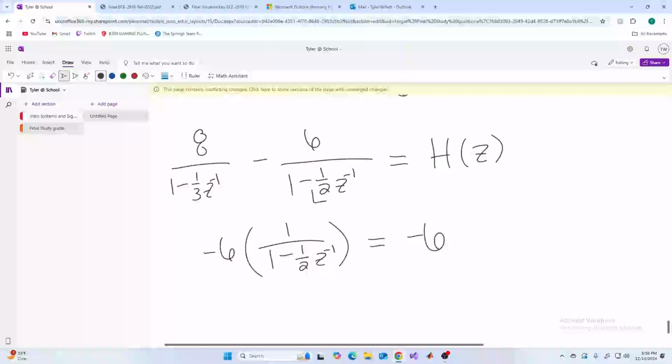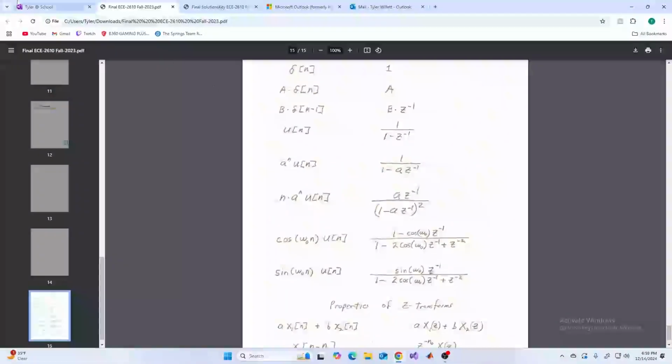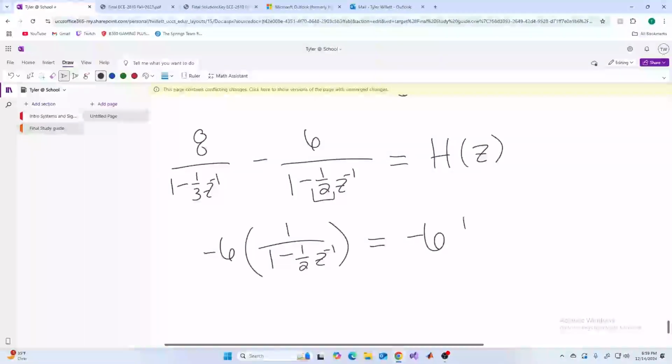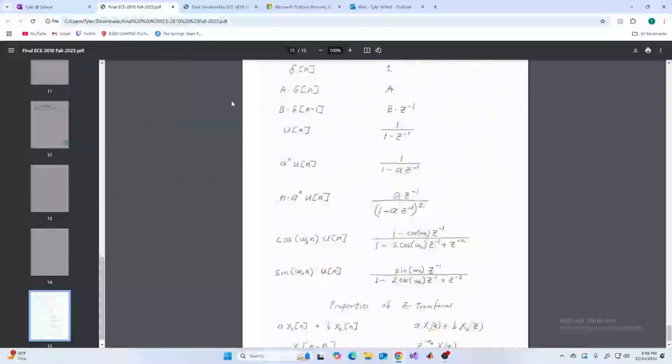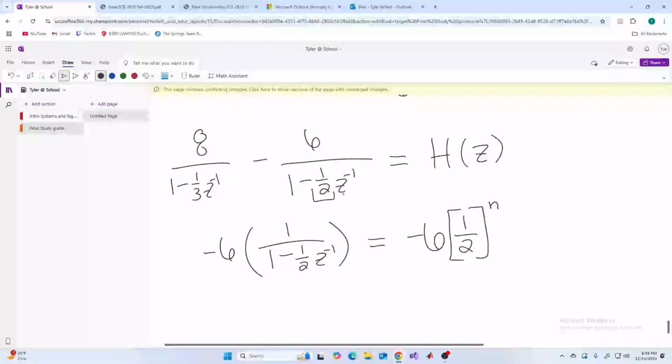My a is my 1/2. So I believe it was a to the power of n. Yep, a to the power of n. So 1/2 to the power of n. And then I have u to the power of n. So this will be times u to the power of n.